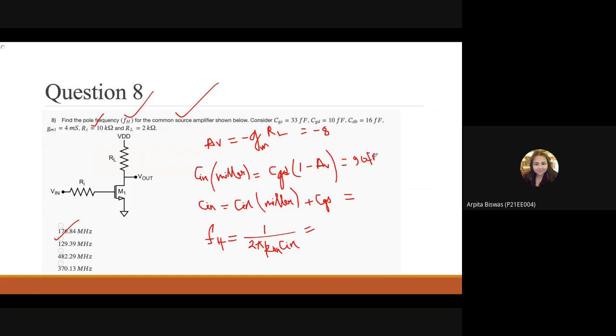And what is the value of the C in? 123 femtofarad. And finally, this is 129.39 megahertz. Yes, ma'am.